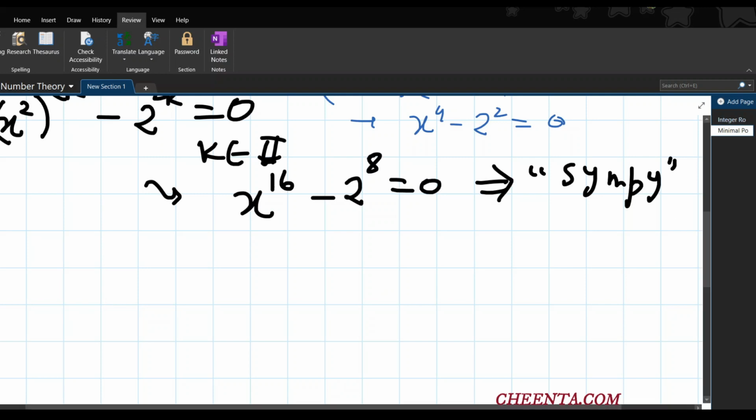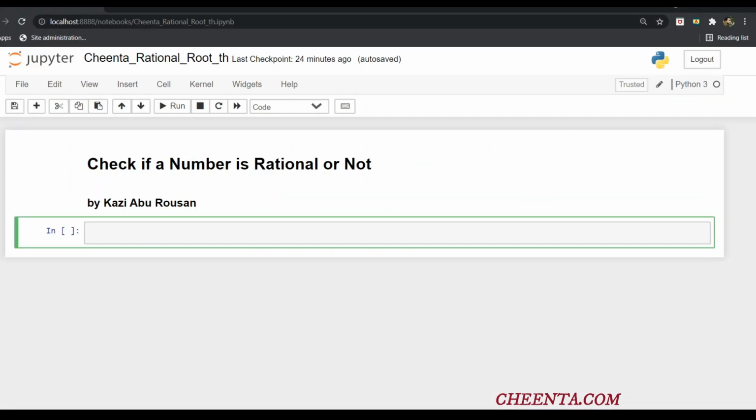Okay, so here is my Jupyter notebook, and I will be starting the coding. First, I will be using the LaTeX format of SymPy to show you a little bit cleaner way.